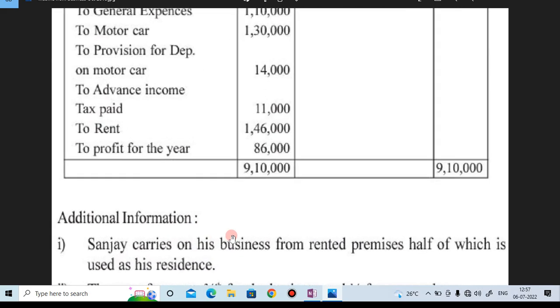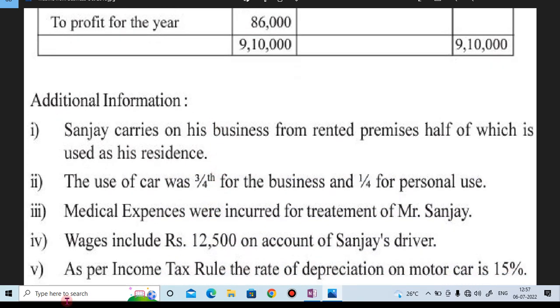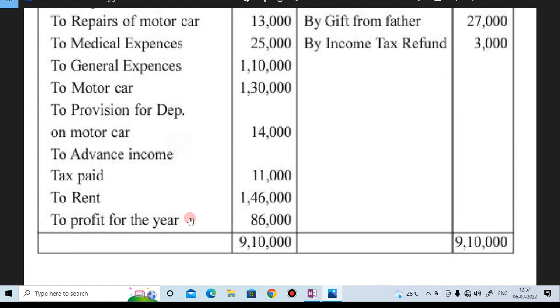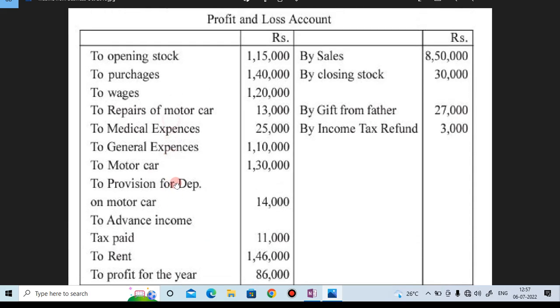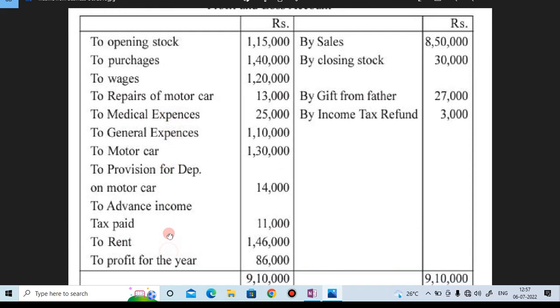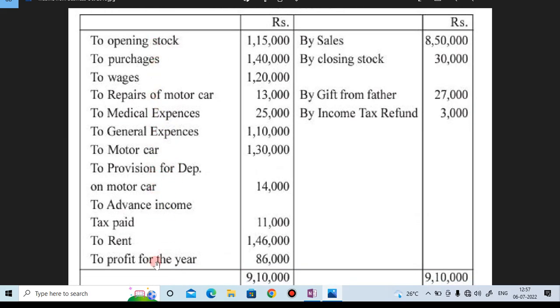So in addition to information, last adjustment, that is adjustment number 5, as per income tax rule the rate of depreciation on motor car is 15%. If you check the debit side of profit and loss account, there is no depreciation.